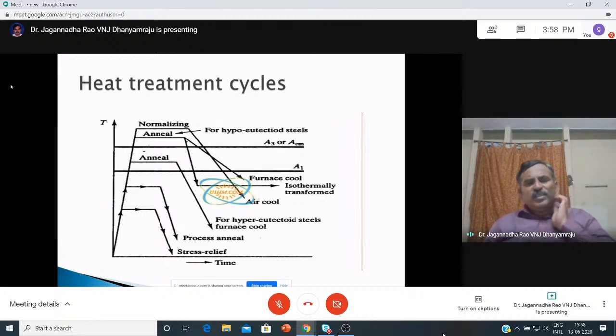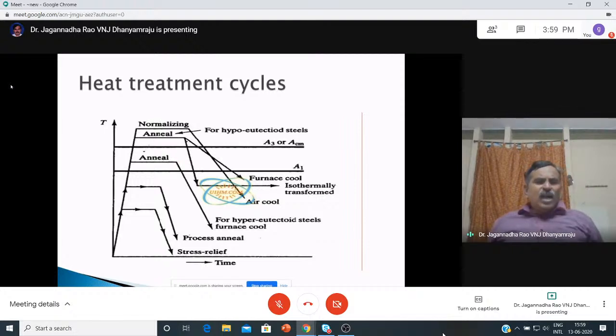And of course, there are some more variations of the annealing process. The first one is process annealing. Process annealing is given after a particular process such as forging. After you forge a material, there will be residual stresses and distortion, and in order to relieve them, you have to do process annealing.